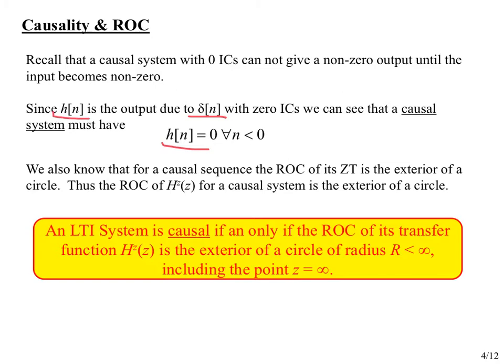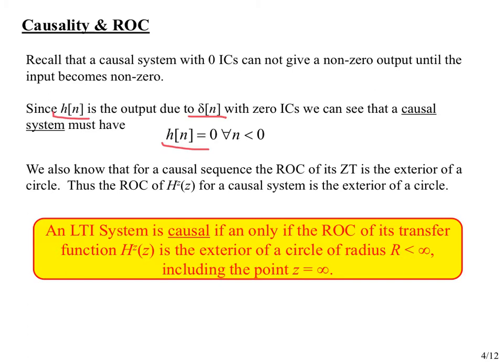So we have that idea, and then we've also seen that for a causal sequence, the region of convergence for the Z transform is the outside or exterior of a circle.